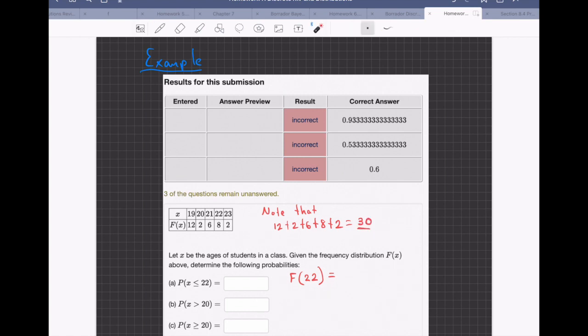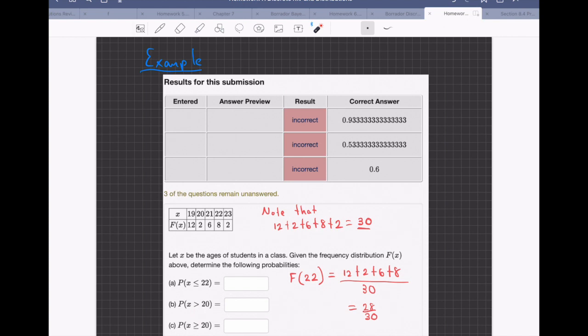So F of 22 is going to be all the frequencies less or equal than 22, I mean 12, 2, 6, 8. 12 plus 2 plus 6 plus 8. If you want to convert this into a probability, divide by the total number, 30. The answer is going to be 28 divided by 30.